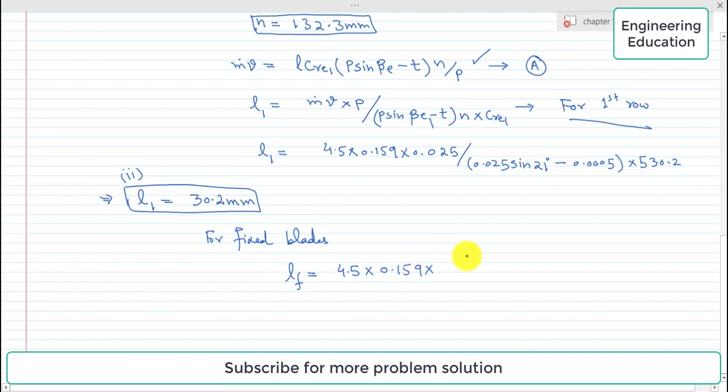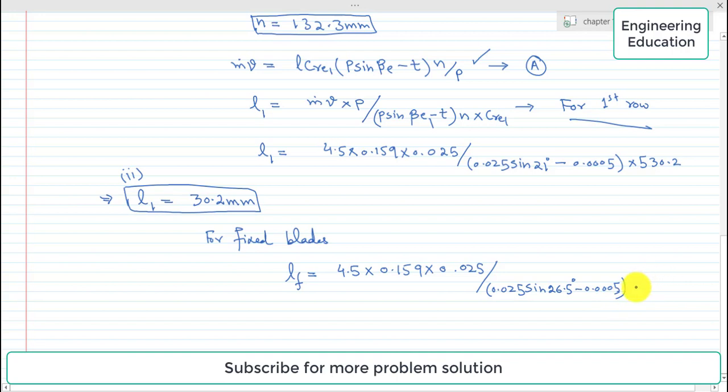The value of pitch is 0.025 meter, and here we have change only in the angle. In this case for fixed rows we have 26.5 degree angle minus 0.0005.